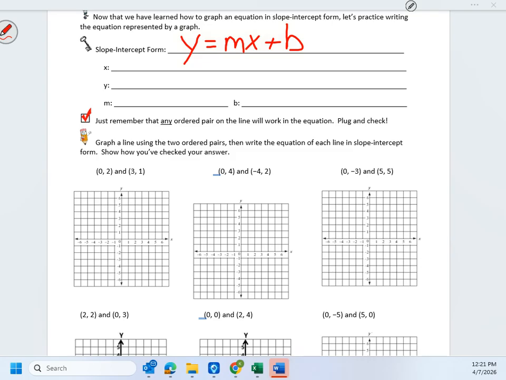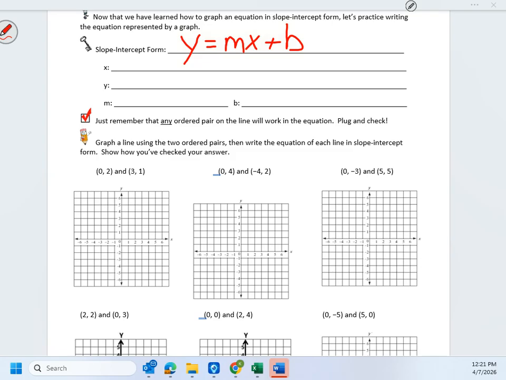Let's all say it together. Y equals mx plus b. Super important for us to have memorized. Okay? We need to know this. It's going to flow through you. Next, however many years, you're going to use y equals mx plus b.